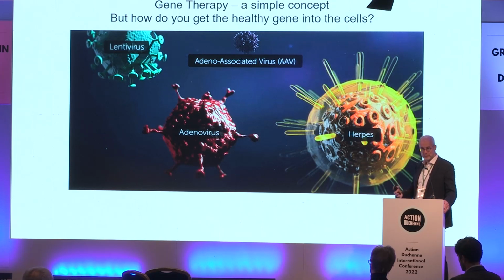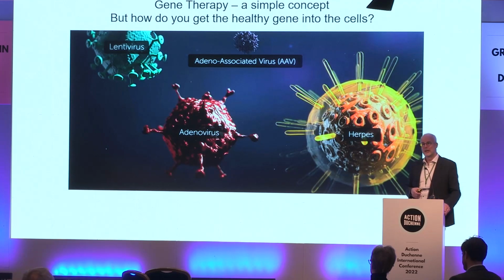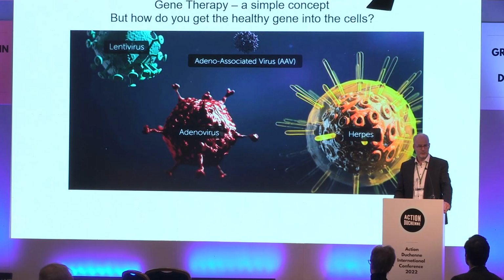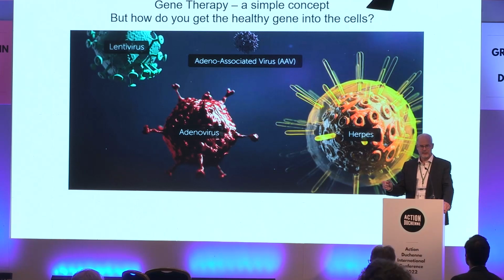When I, as a doctor, because the colleagues, as Annemieke said, were either mouse doctors or basic scientists, but when I, as a clinician, talk to patients that have a genetic muscle disease, it's often, and even 20 years ago, they would come up with the question, so can't you replace the faulty gene with the healthy gene?